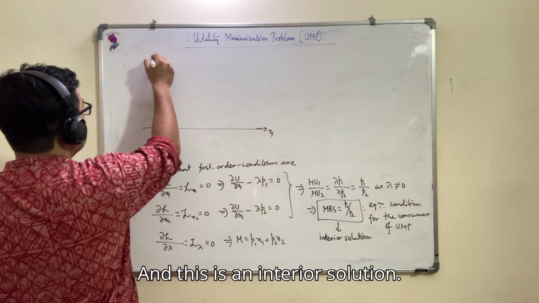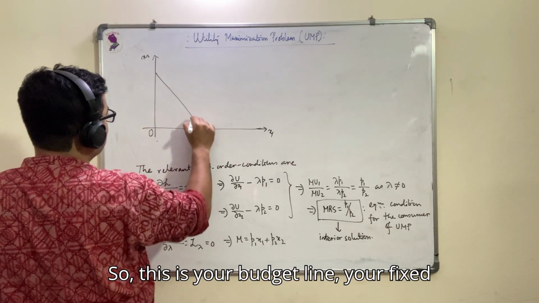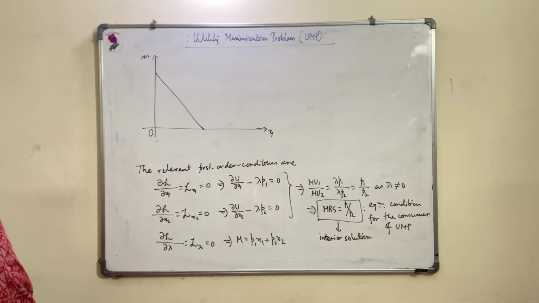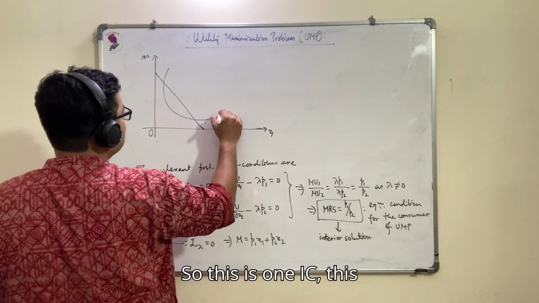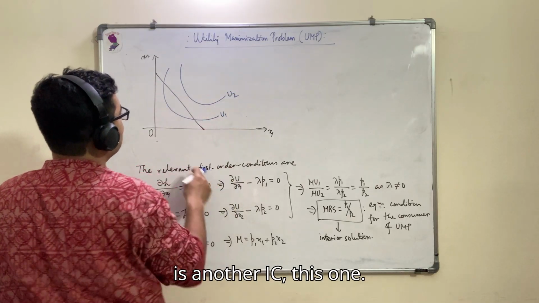And this is an interior solution. So this is your budget line, your fixed income. So this is one IC, this is another IC, this one.